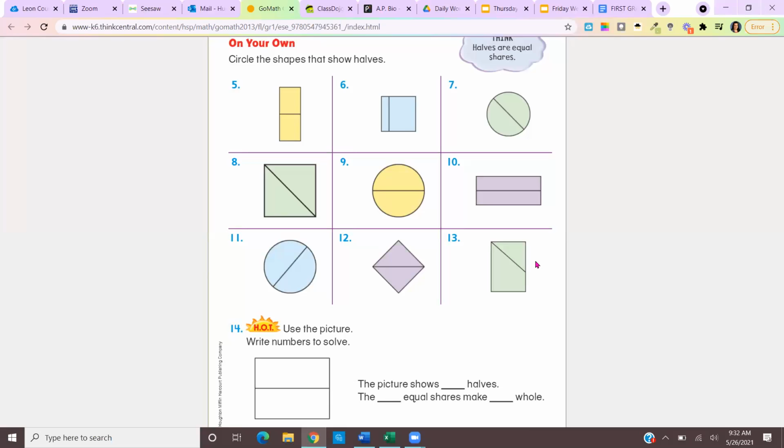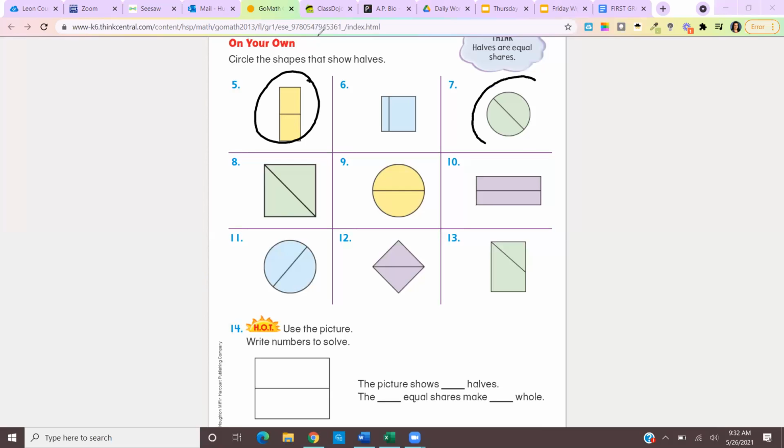There's our timer. Let's come back together. Okay, so thumbs up or thumbs down is number 5. Does it show halves? Yes, both parts are the same size, which means they're equal shares or halves. Number 6, does it show halves? No, so we're not going to circle it. What about number 7?